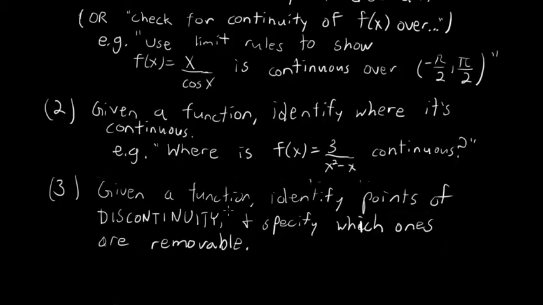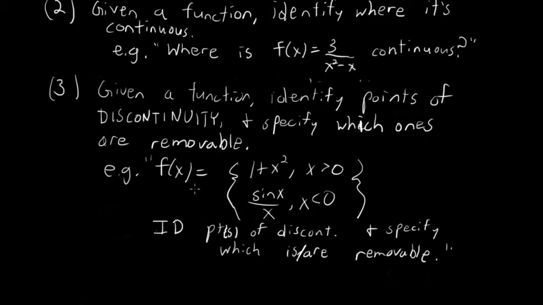Another type of question you may see is: given a function, identify points of discontinuity and specify which of these are removable. So say you're given the example f of x equals this piecewise defined function: 1 plus x squared for x greater than 0, and sine of x over x for x less than 0.